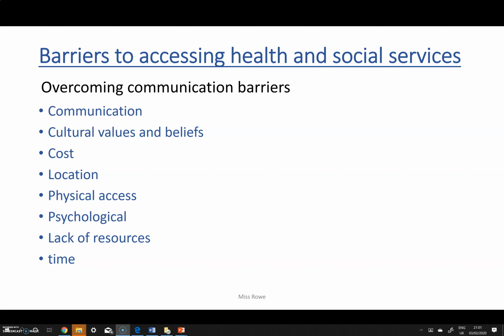Or providing free transport, so to have a minibus that collects from around the local area, that'd help quite a lot for people to overcome issues with cost. Overcoming location barriers, so you can obviously provide outreach services, which is something you looked at in P1 and P2.